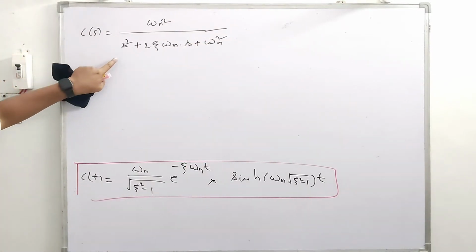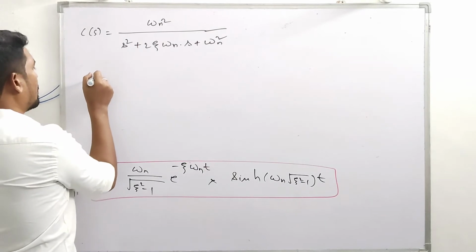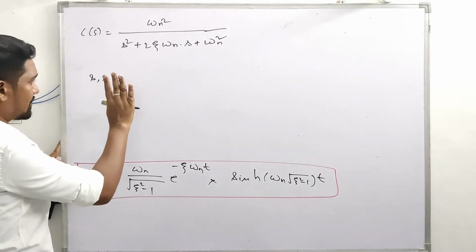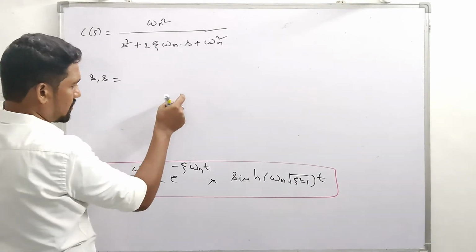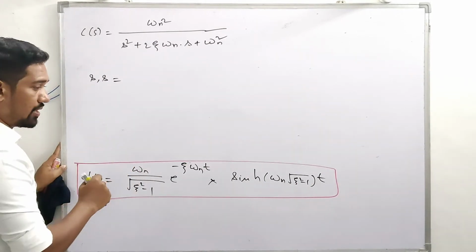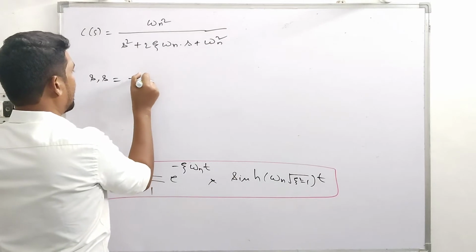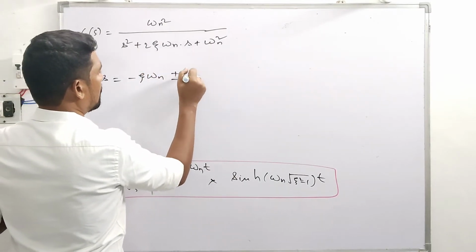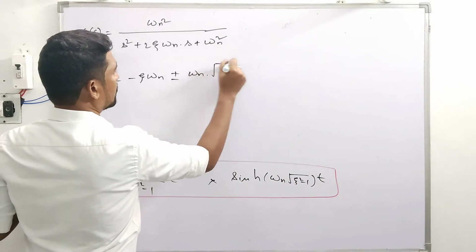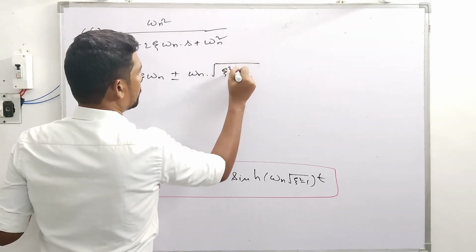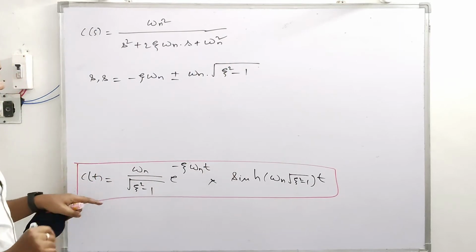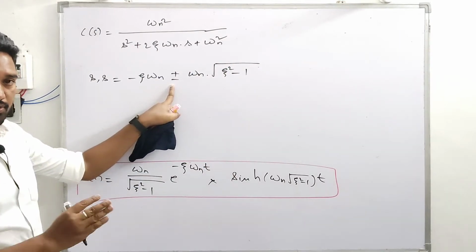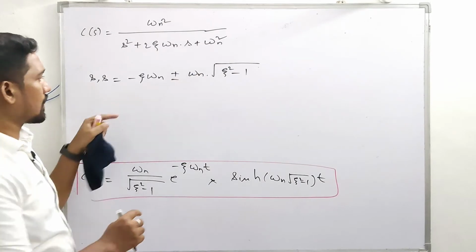So previously we had something else. What was that? The same two roots s, only there is something, two steps that have to be included and understood. All right, so s equals minus zeta omega n plus or minus omega n into under root zeta square minus 1. So guys, take a pause and watch, listen to my points very carefully.